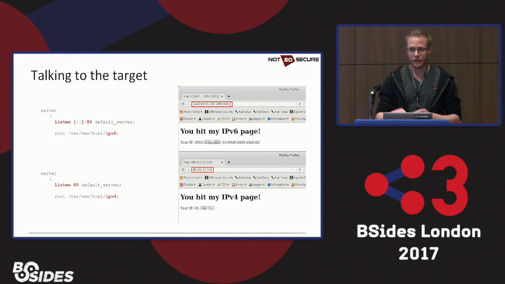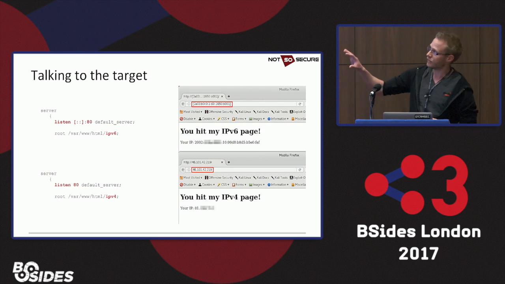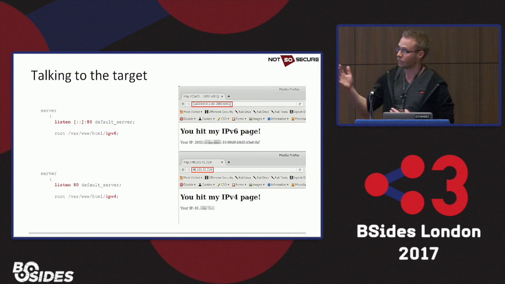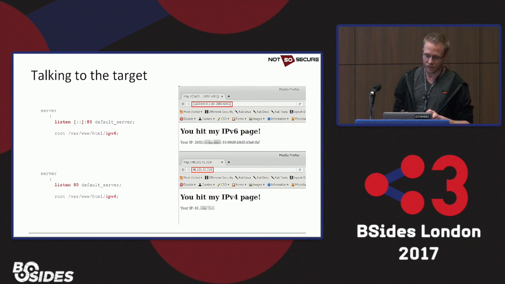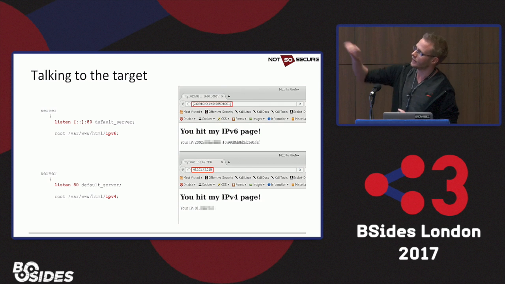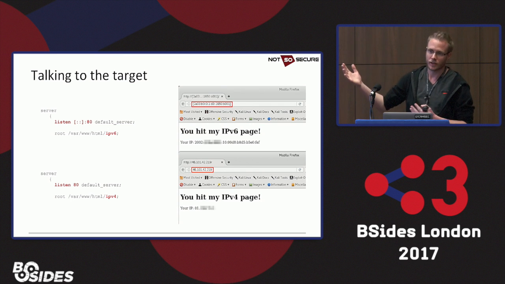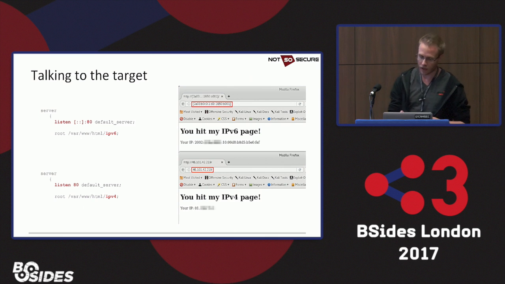So this is the configuration, a white box approach now. This is the configuration of the host. It's running Nginx, and we get 2 different contents served depending on what you hit. For IPv6, it's served from /var/www/html/ipv6, and you hit my IPv6 page, and it tells you your IPv6 address. IPv4, same principle, but it's served from /ipv4, okay?